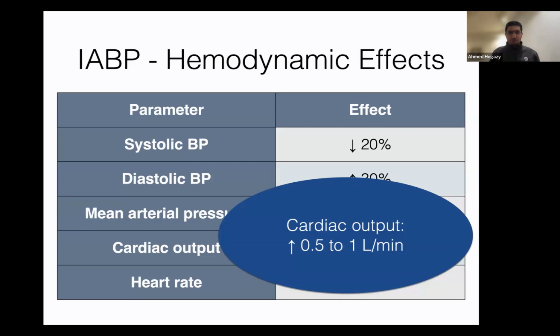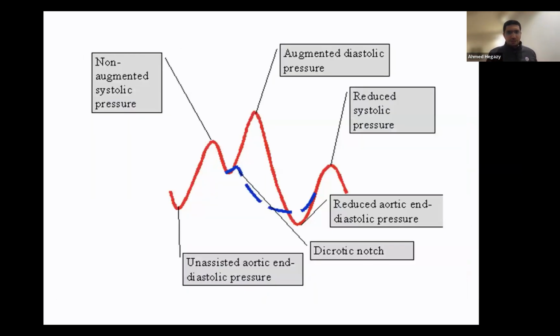So if you have somebody who's in profound shock and you feel like he'll need more support than a balloon pump, then by all means, you should go to something like an Impella or even VA ECMO if it's indicated, where you can provide flows of 5 liters or 5.5 liters. Balloon pumps only give you an increase in forward flow of about 0.5 to 1 liter per minute, and that's it.